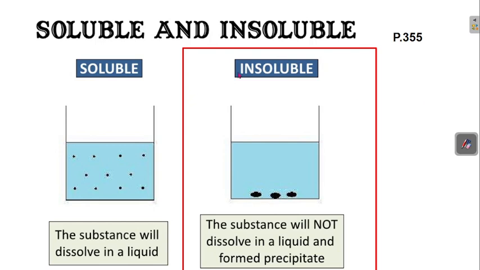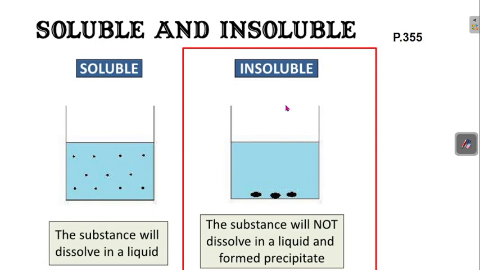Now, soluble versus insoluble. When a solute can dissolve in a solvent, we say that solute is soluble. The substance will dissolve in that liquid. The water is surrounding those ions or that polar covalent molecule, whatever it is. But sometimes it does not dissolve.